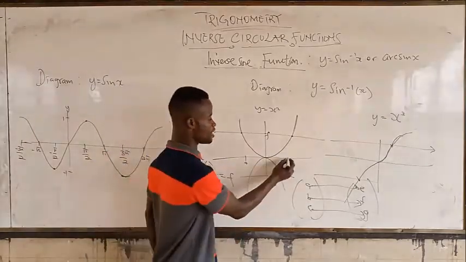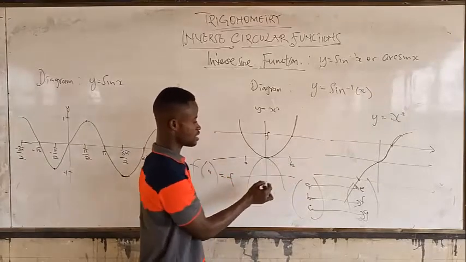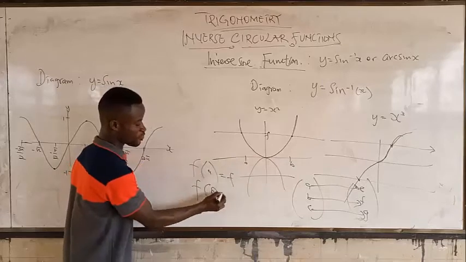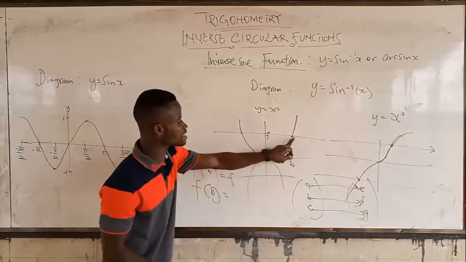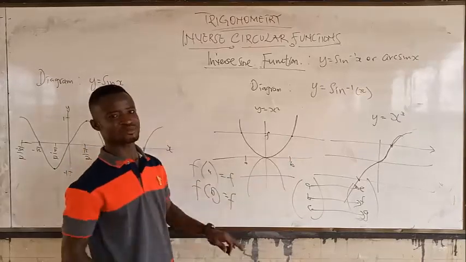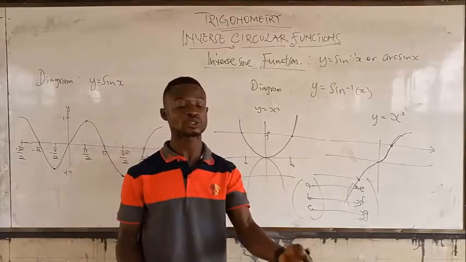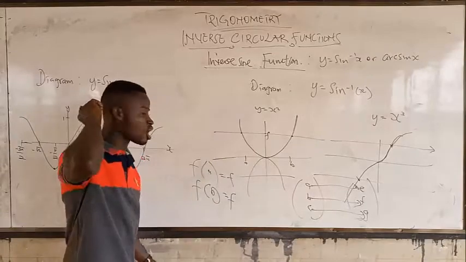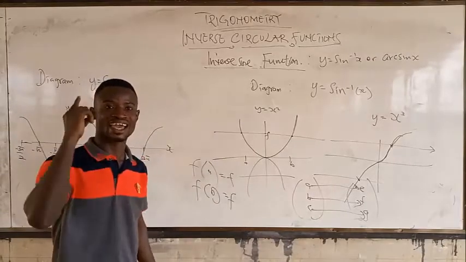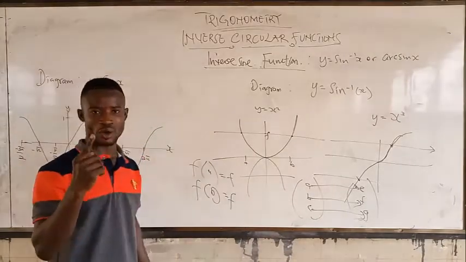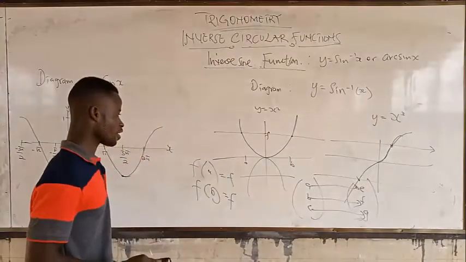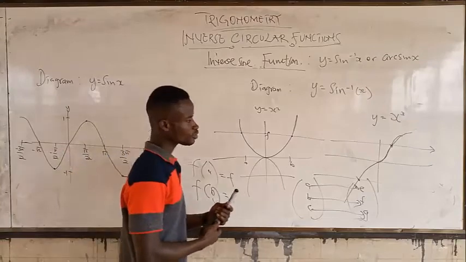In the same way, if here is b and you put b inside the function, you still get the same f again. That means it fails to be a one-to-one function. So simply, when it cuts 2 points on the curve, that fails to be a one-to-one function. I hope you are getting the idea.